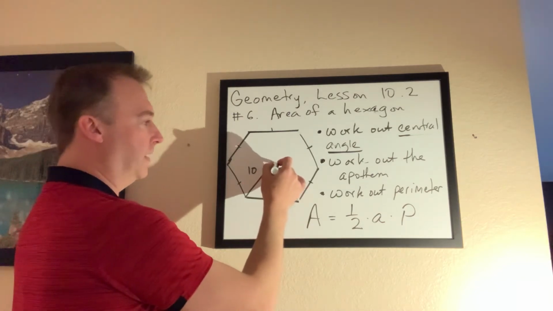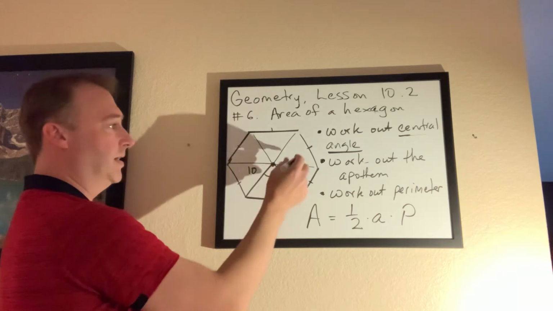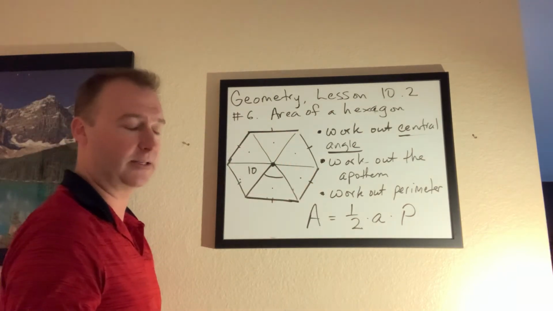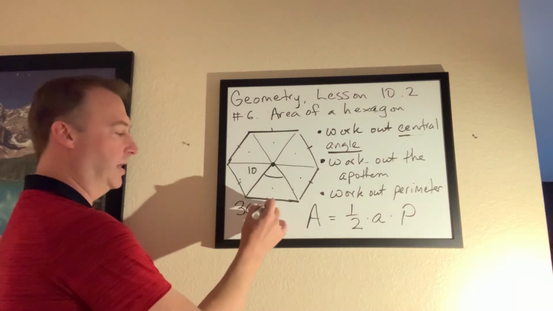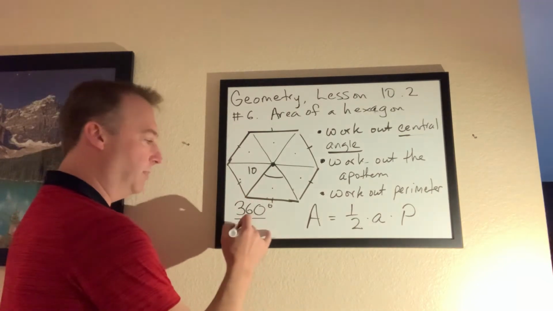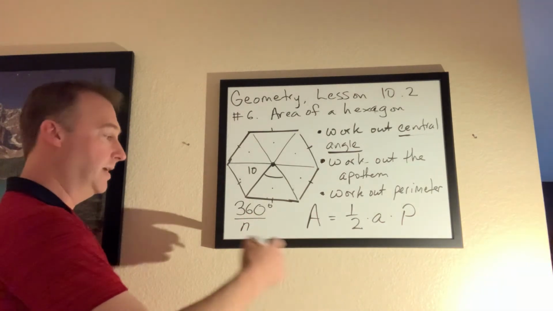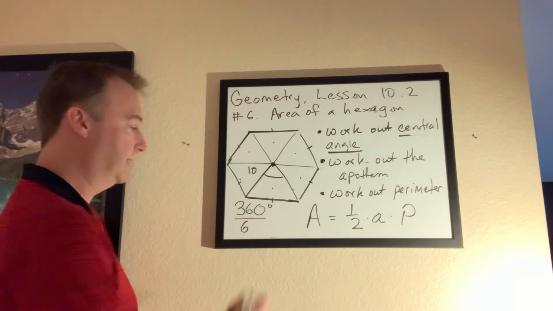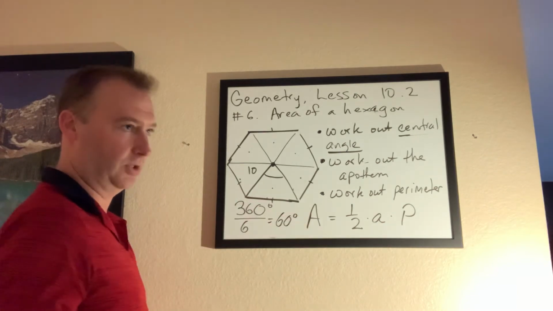Remember, the polygon is formed by this number of congruent triangles, and that number of congruent triangles matches the number of sides, so for a hexagon, 6. So that central angle is always calculated as 360 degrees divided by n sides. In a hexagon, n is 6, so 360 divided by 6 sides is, of course, 60 degrees.